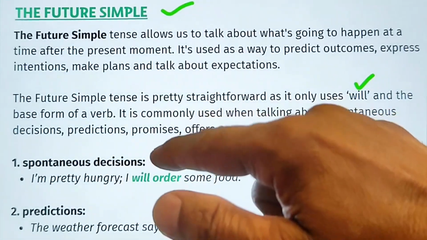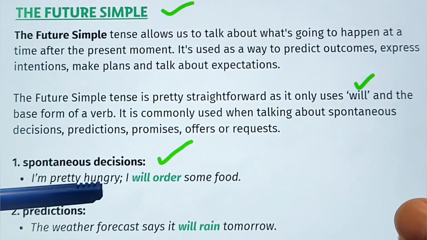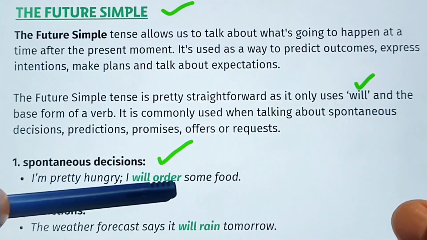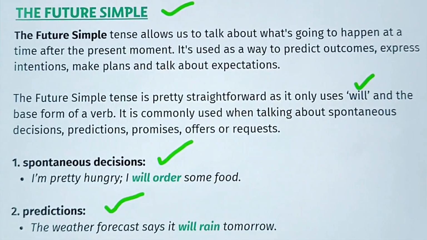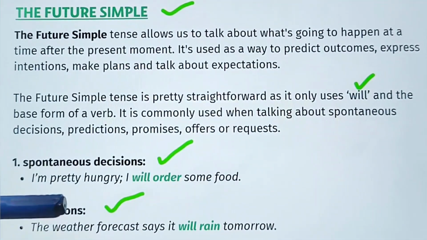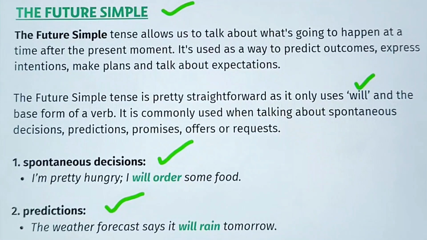Here, spontaneous decisions. Example here, I'm pretty hungry, I will order some food. For predictions, example here, the weather forecast says it will rain tomorrow.